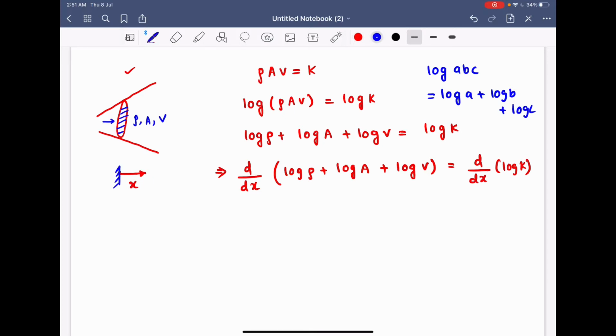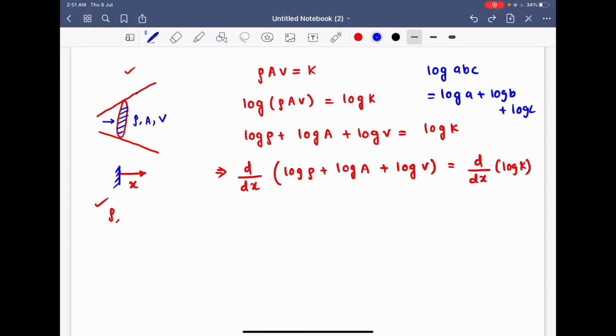As we are moving from this cross sectional area, rho will change if it's a compressible flow. The area will change; the new area will obviously be larger than the previous area.